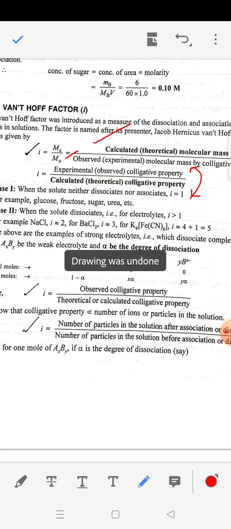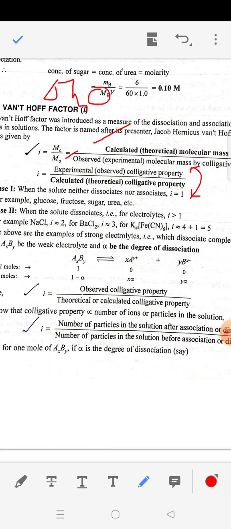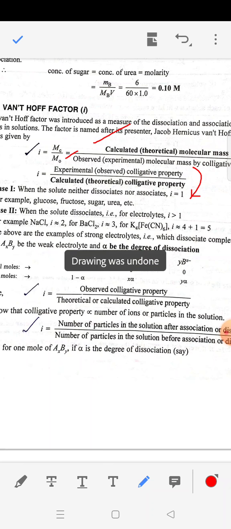They are inversely proportional. If you check any of the colligative properties, the molar mass and the colligative property, say delta Tb, are always inversely proportional to each other.